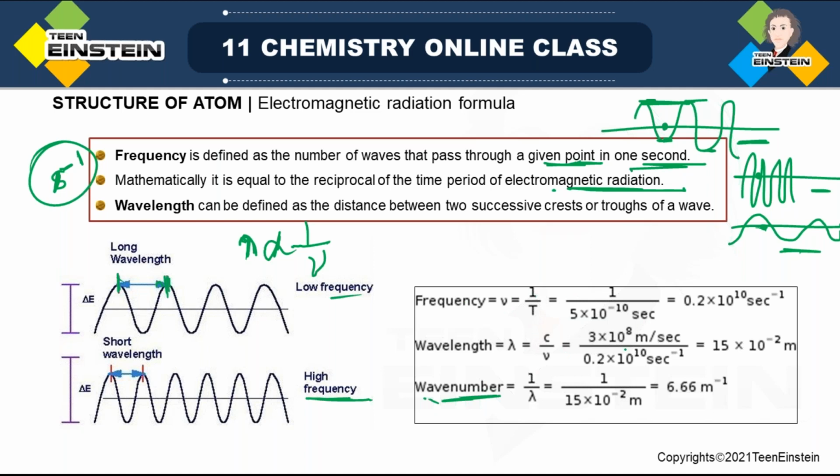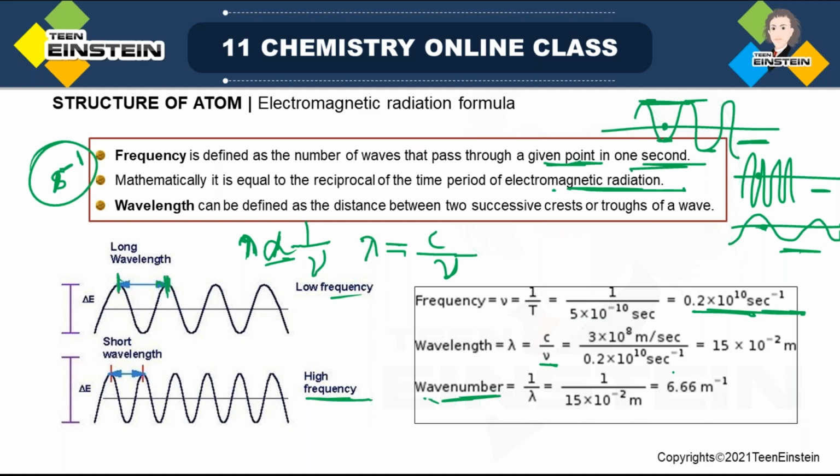Suppose the time in which we are considering this wave is 5 into 10 to the minus 10 second. To do this calculation, you will get the frequency: it is 0.2 into 10 to the power 10 per second. Now wavelength, as it is related to nu, we know it is inversely proportional, but if you remove this inverse sign, then lambda will be equal to c by nu.